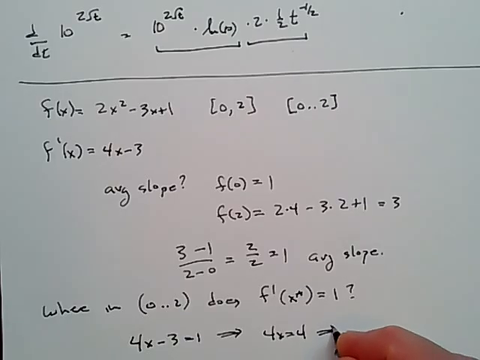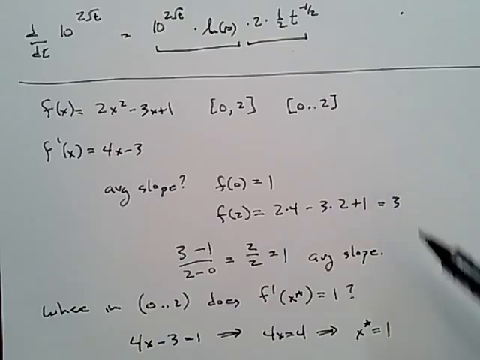And if my calculations are right, I get x star equals 1, certainly in the range. Actually, I should point to the open interval. Certainly in the range. Okay, very good.